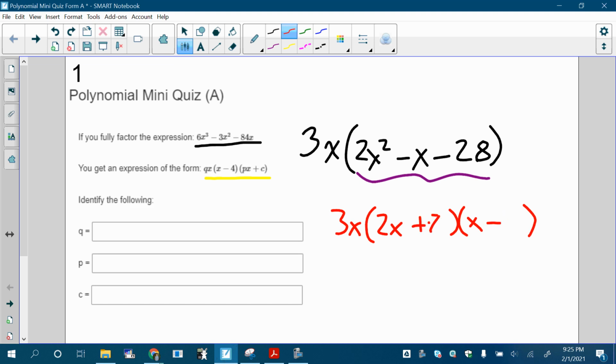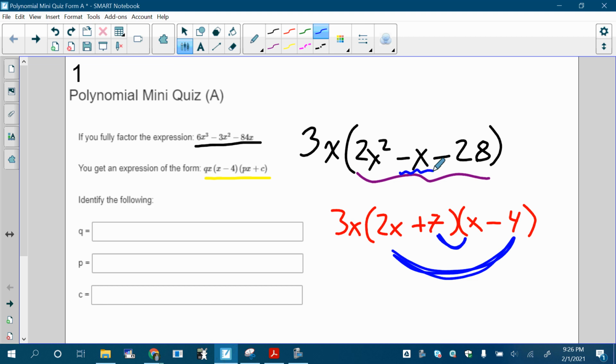I'm going to put a plus 7 and a minus 4 there. The way I'm going to check if that works is I'm going to look at the inner and the outer. So 7 times x is 7x. Negative 4 times 2x is negative 8x. 7x minus 8x is negative 1x. The reason I chose 7 and negative 4 to begin with was because they are two numbers that multiply to negative 28.